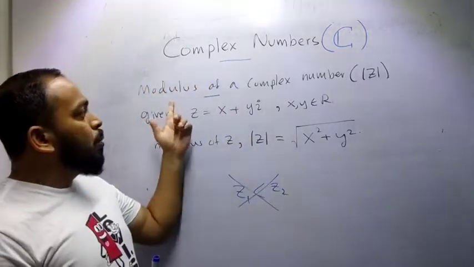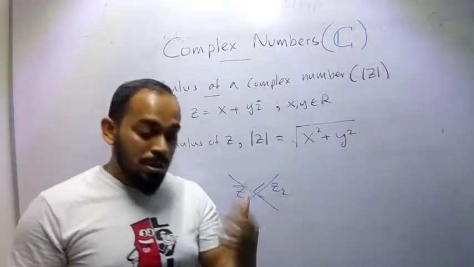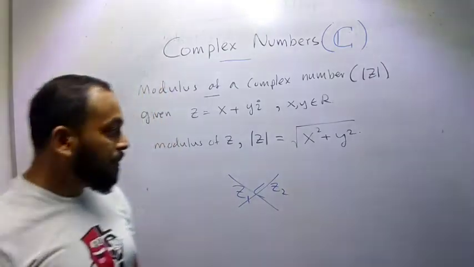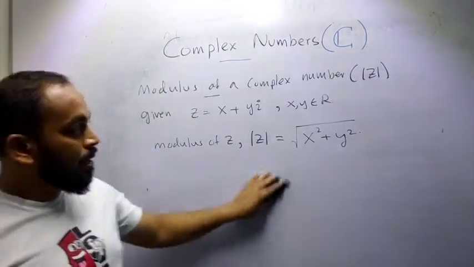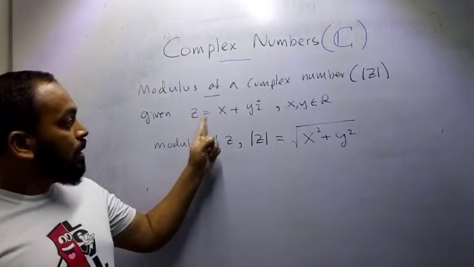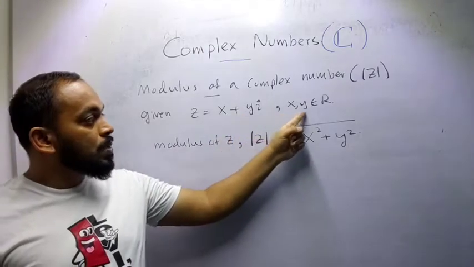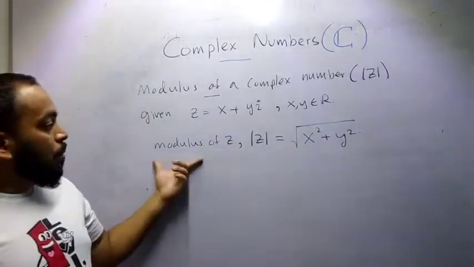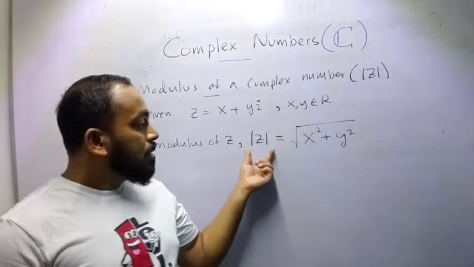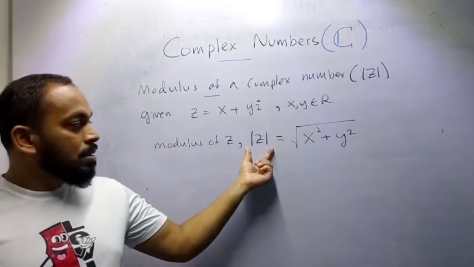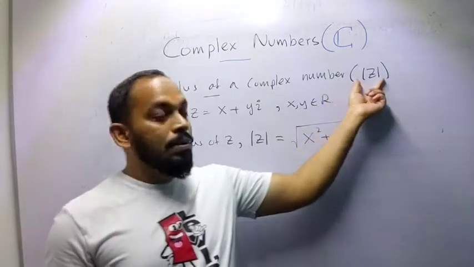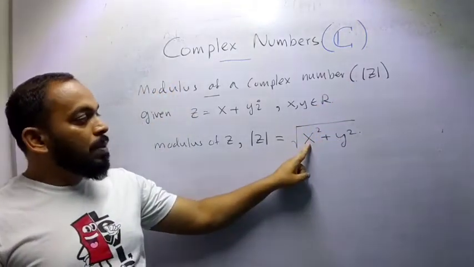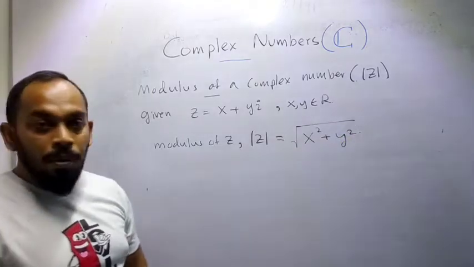This is called the modulus of a complex number. The modulus of a complex number implies its magnitude, right? How do you define it? Given a complex number x plus yi, where x, y are real numbers, it's very important to write this. The modulus of z, symbolically we represent like this, is the square root of the real part squared plus the imaginary part squared.